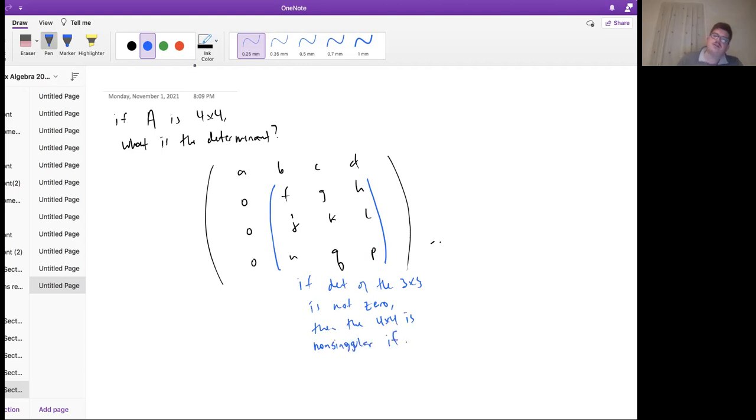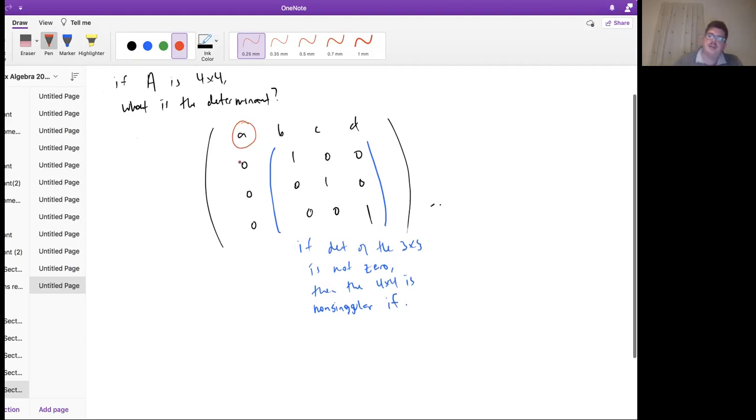If, what is one other condition we need? So if the determinant is non-zero, so if the 3x3 is row equivalent to identity, what must else be true about this matrix? So pretend we can row reduce this to identity. What else must be true? If A11 is not equal to 0.